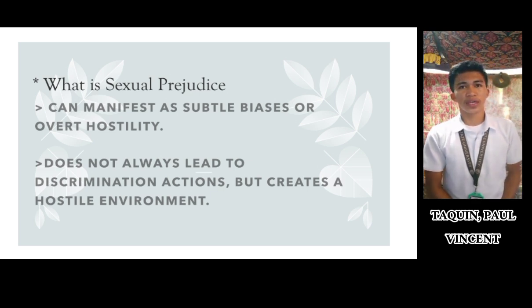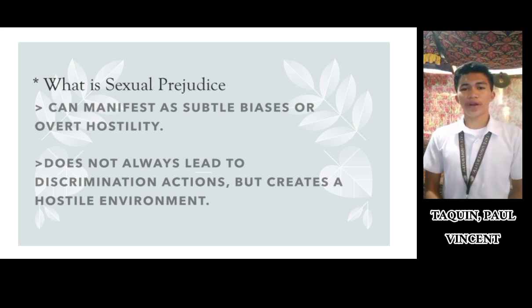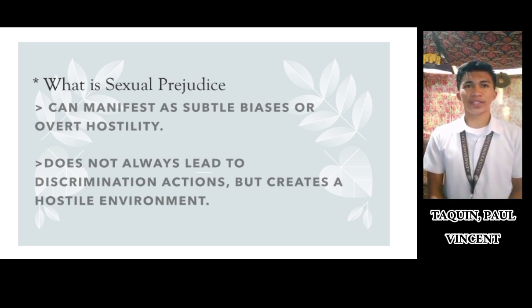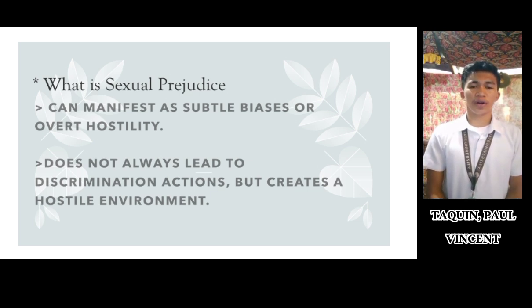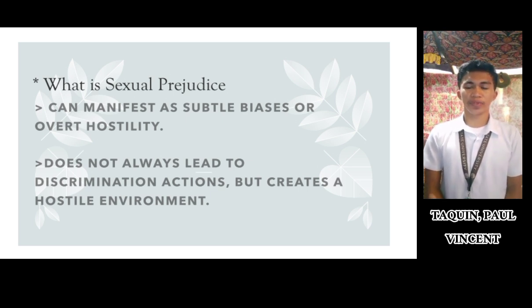This can manifest as hostility, fear, or aversion. Last is violence. Violence in sexual prejudice means physical or verbal attacks against LGBTQ plus individuals. This can range from insults and threats to physical assault and hate crimes.